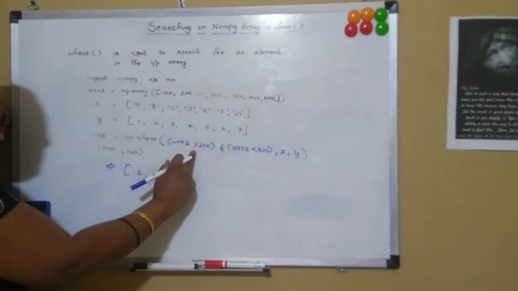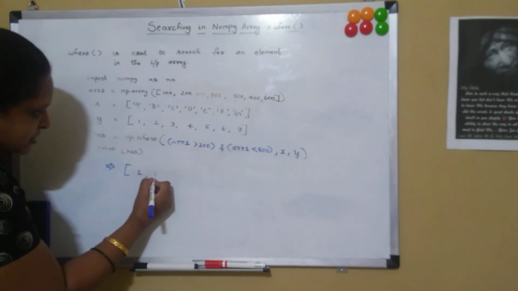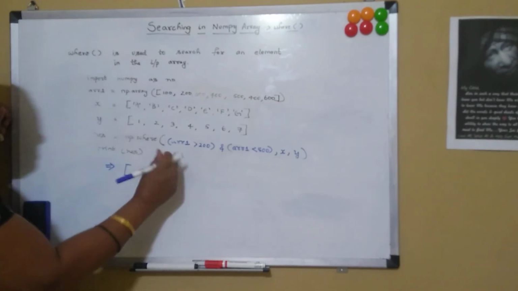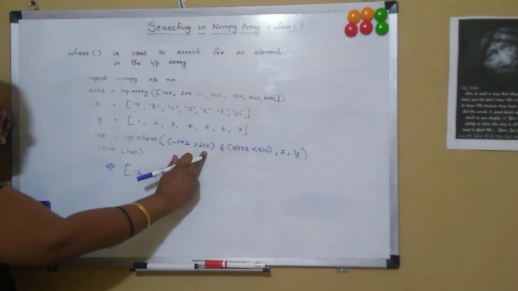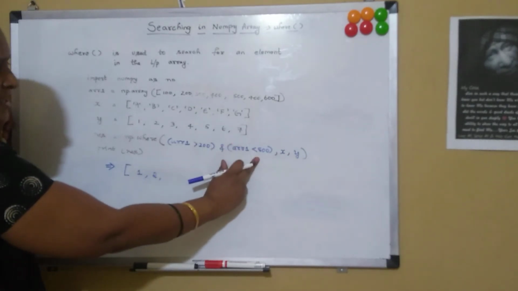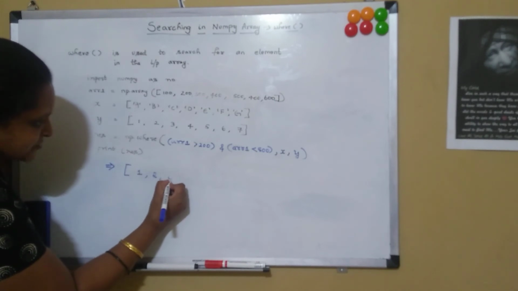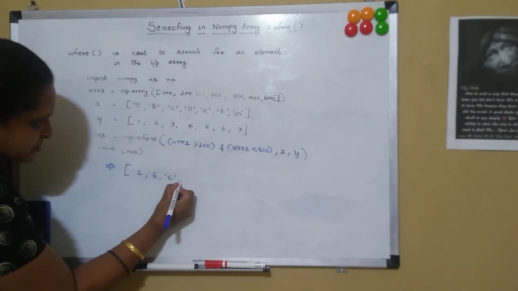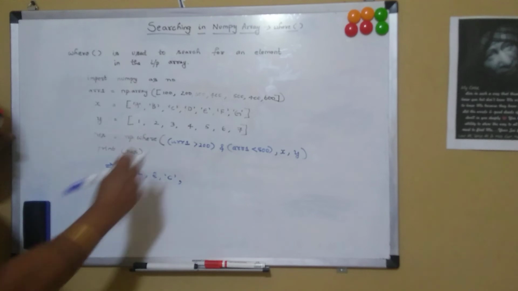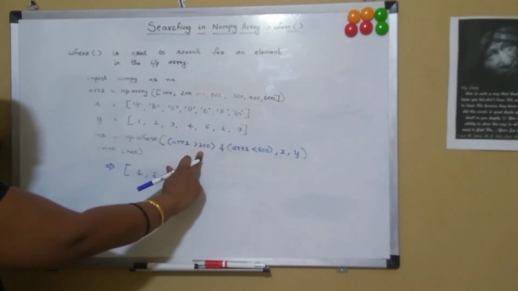200 is not greater than 200. So it will print 2 from the false list. 300 is greater than 200 and also less than 500. So it will take C, the condition is satisfied. So it will take C from the true list. 400 also, the condition is satisfied.